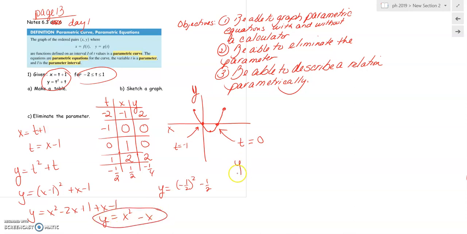And actually, this graph makes more sense because isn't this just a parabola with zeros at x equals 0 and x equals 1, right? Now remember, you cannot put arrows because the t interval was from -2 to 1, so you can't put arrows there.